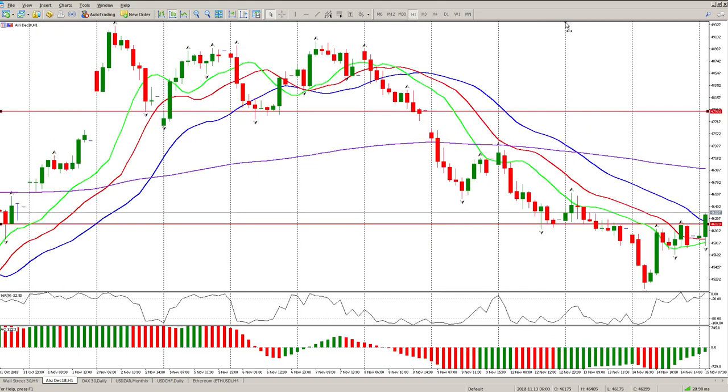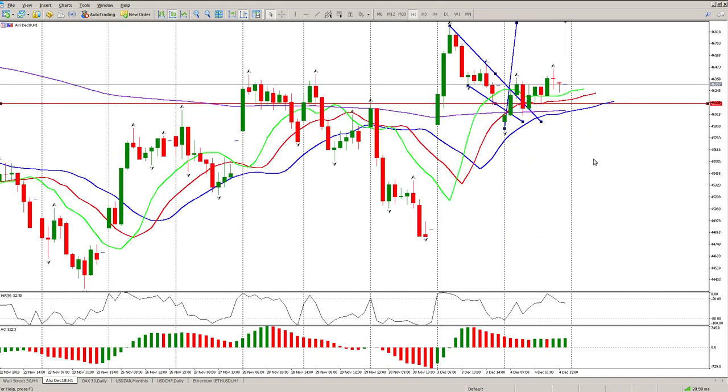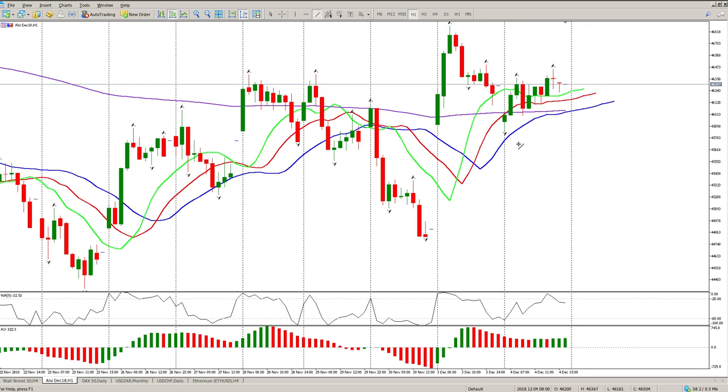The other scenario that we have here is that this is just all a ruse. Okay, it's also a megaphone formation. But the other scenario that we have is we're going to get a bit of a sell-off based on this wedge here.